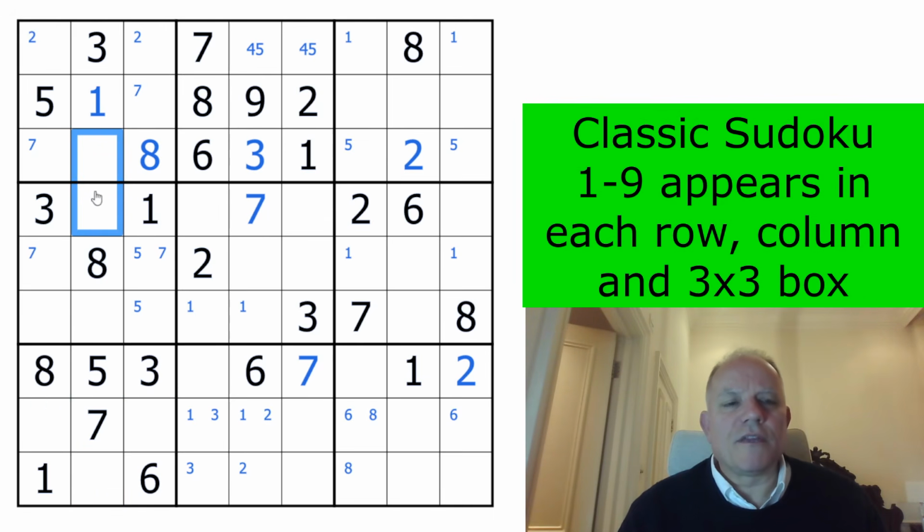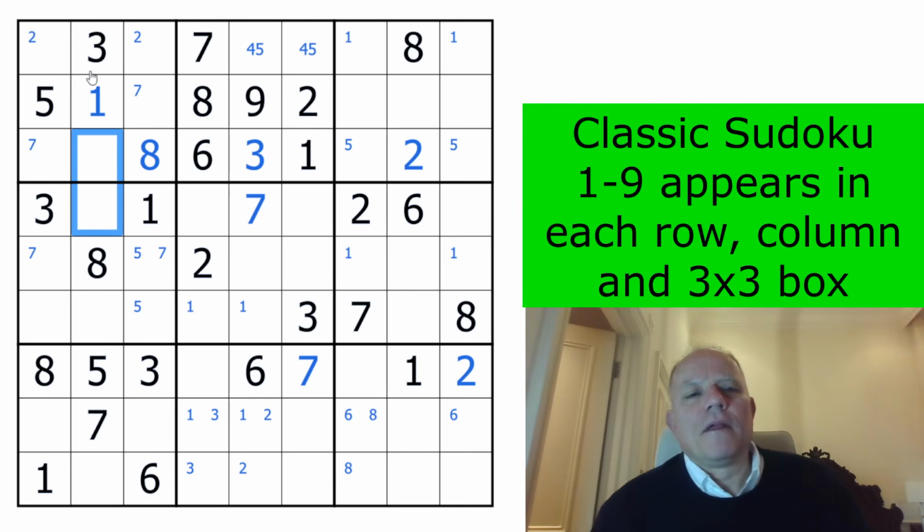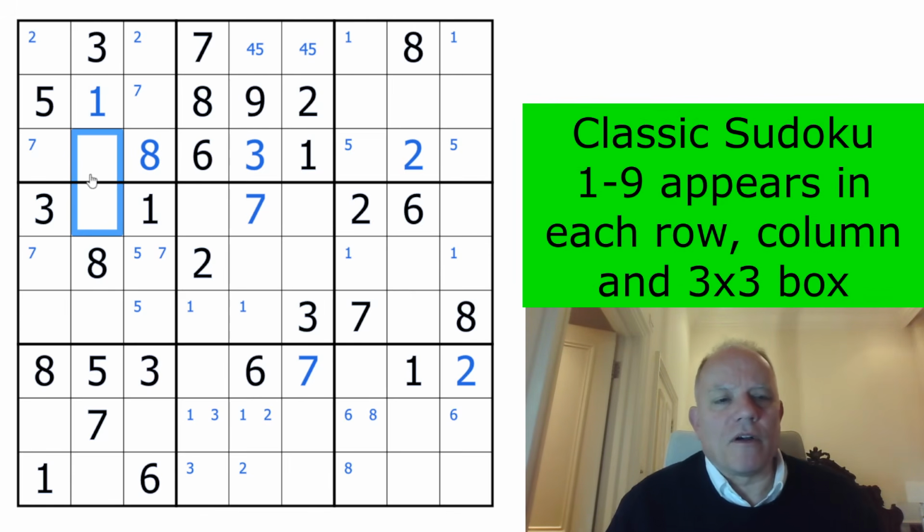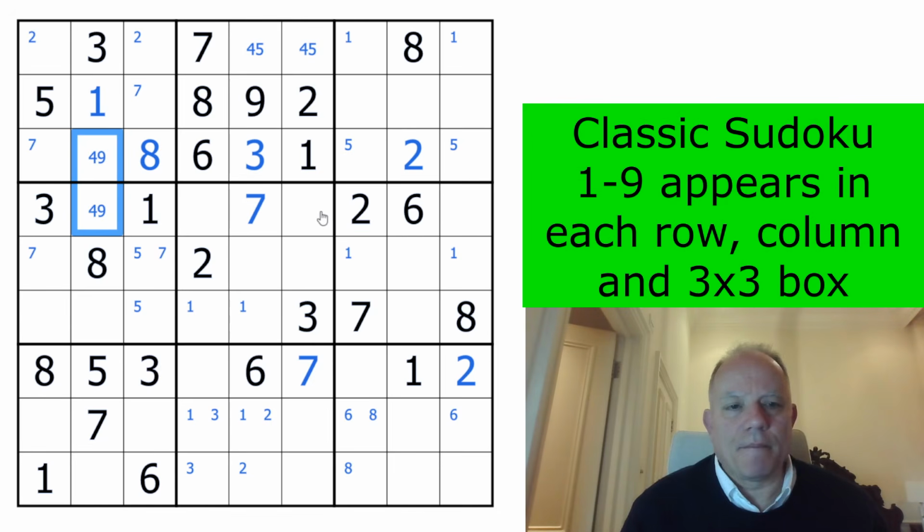That's quite interesting. These two are an unusual pair. They're not in the same box. However, they all see 1, 3, 5, 7, 8 in the column, and they both see 2, 6 in the row. So that must be a 4, 9 pair. And in fact, the question we could have asked is, where does 6 go in this column?